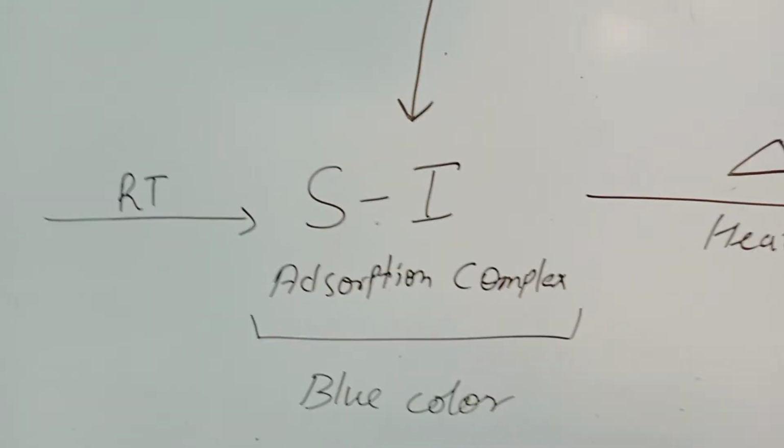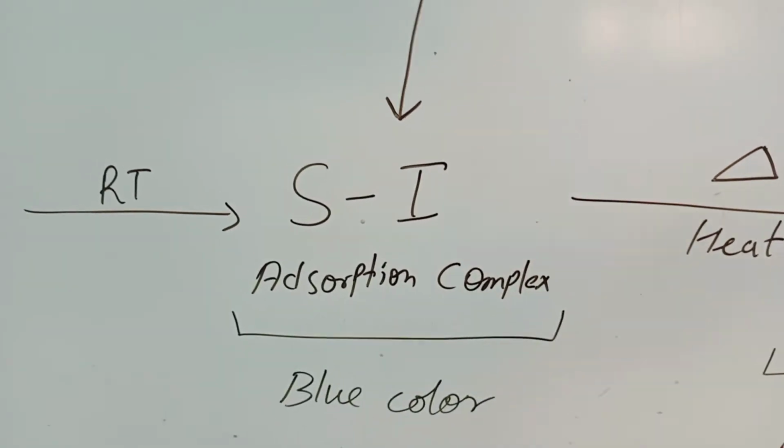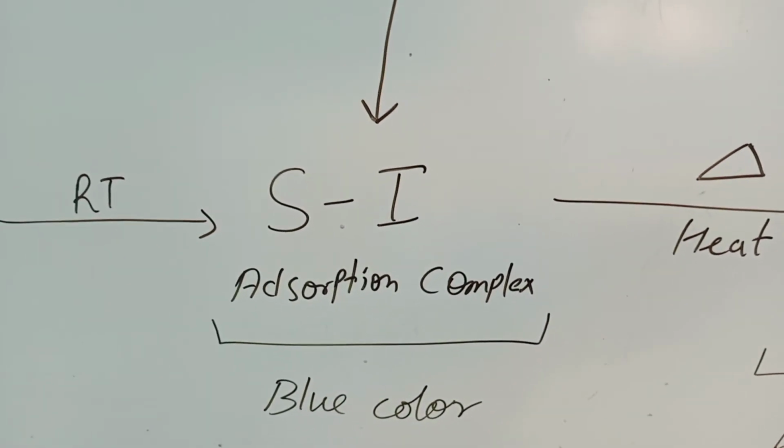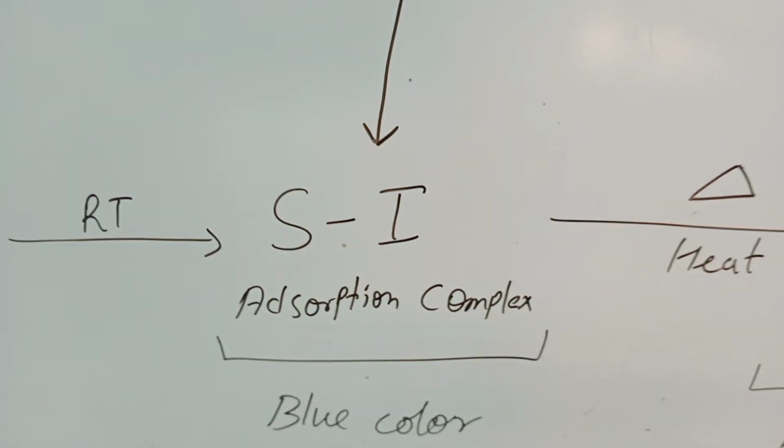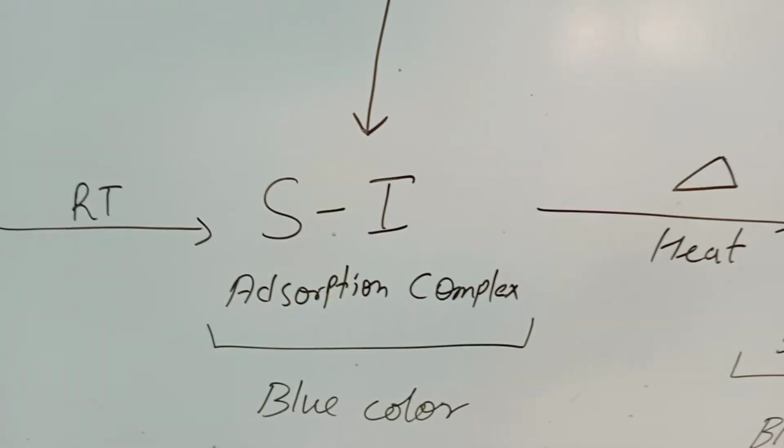So until this starch and iodine adsorption complex is formed, no blue color is ultimately produced. In order to produce the blue color, this particular complex has to be formed.